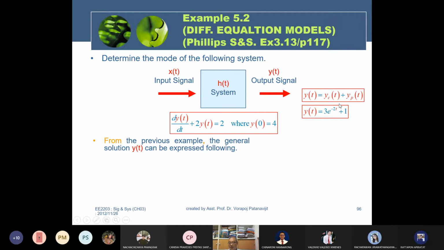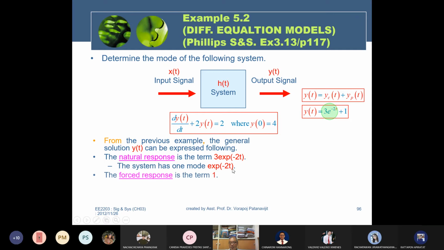The complementary function is in a decaying form. The natural response is 3e^(-2t), the decay. It has only one mode, only one term, because it's only first order. And the forced response will be equal to 1, the blue one.